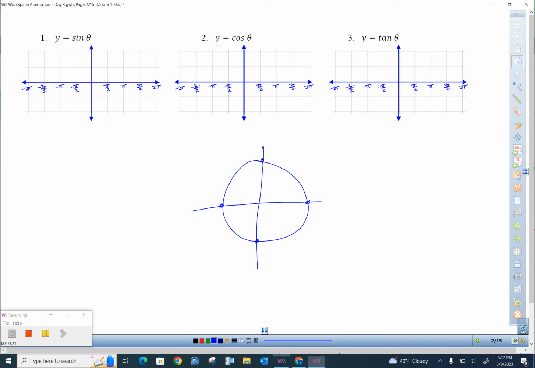Okay, but this one wants us to label the asymptotes, and that's where it gets a little bit weird, but it's going to help us because we want to be able to talk about domain and range with these graphs that have been transformed, and this is going to be one where it's not where it usually is. Okay, so our first asymptote is not at where it usually is because it's not at pi over 2. Instead, it's been shifted over that pi over 6.